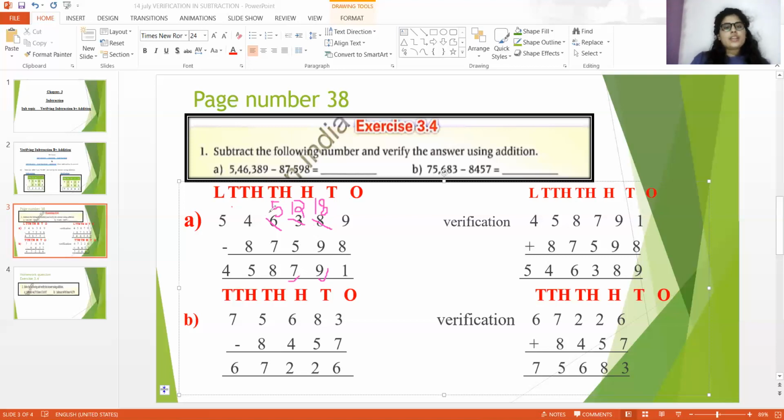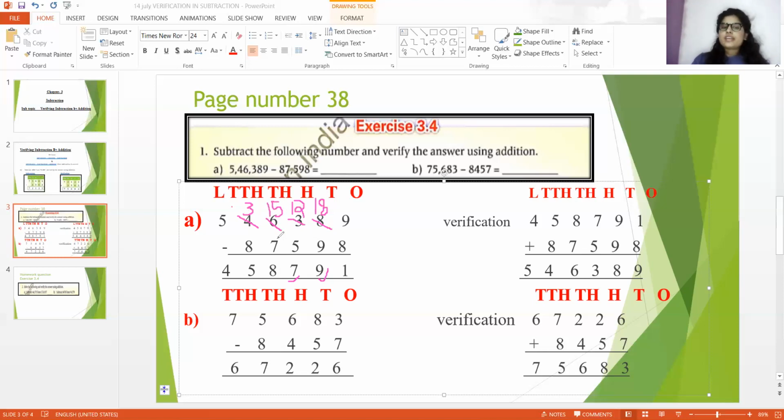Okay. Now at the thousands place, I can see I have 5 and 7. So the bigger number is at the second place. Now I'll take 1 carry over from the next higher place, that means 4. So I will take 1 from 4. This means 3 here and 1 will be here.